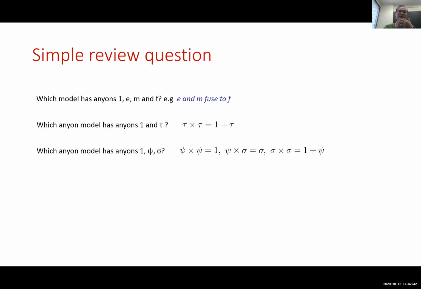But before we begin, I'd like to pose three questions. I did not prepare the poll, but I'll just ask. Which model has four anyons, 1, charge, flux, and fermion, where the fermion is the bound state of charge and flux? Maybe you could type in the chat, or just speak out.